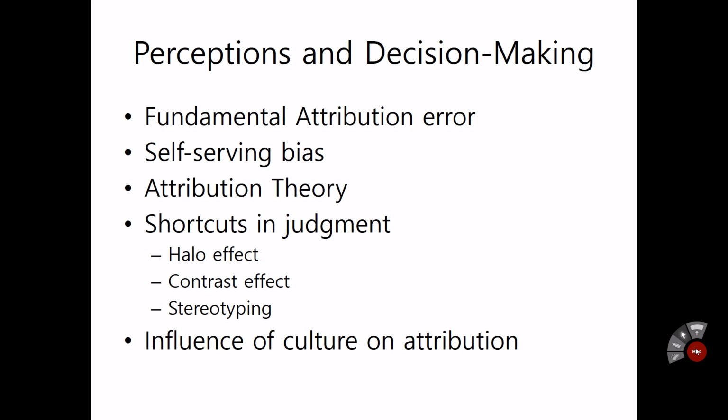Shortcuts in judgment. When we judge others based on just one characteristic, that's a halo effect. When we judge others with the characteristic of the group the person belongs to, the group's characteristic influences our judgment about the person belonging to that group.